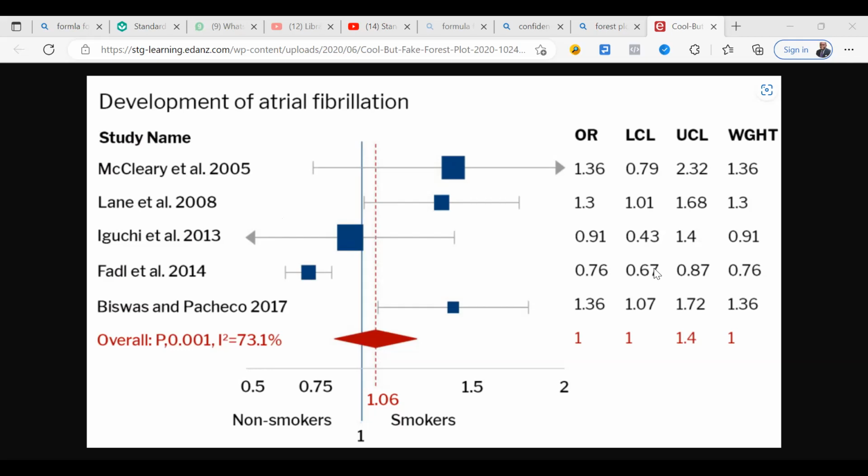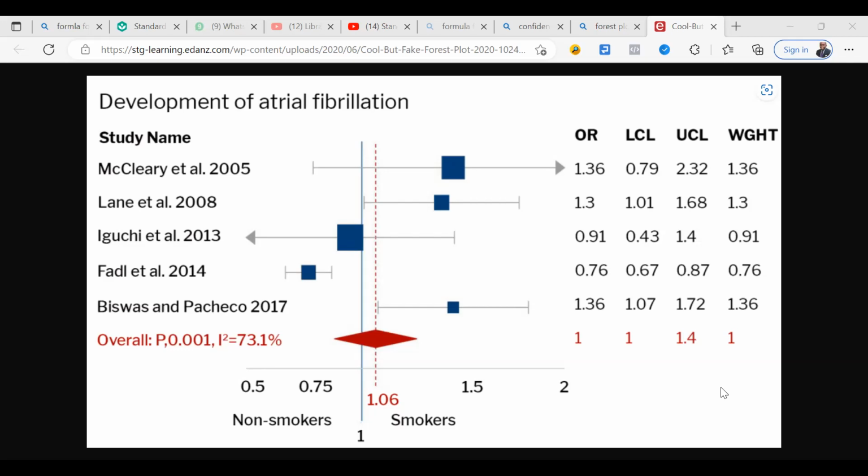Now the first question I'm asking you, as your examiner, is what are the two groups being compared? Smokers and non-smokers. All right. Second question, what is the exposure in this study?